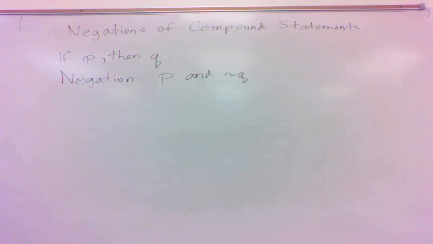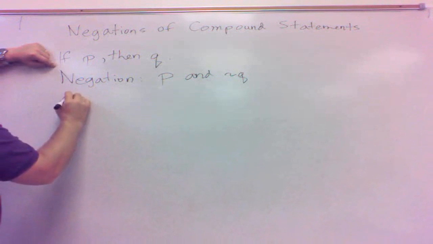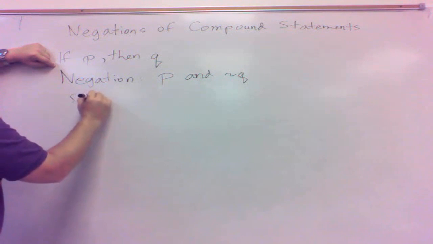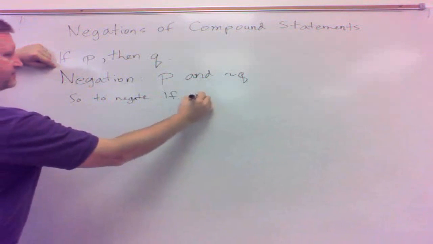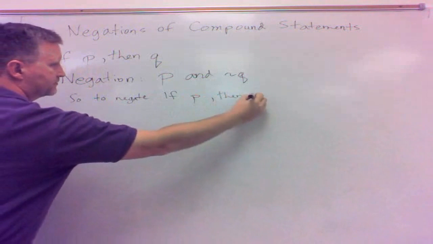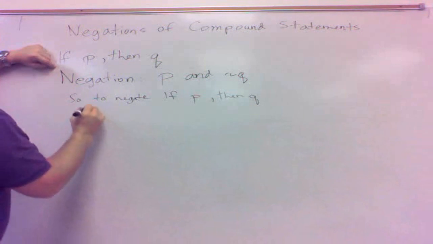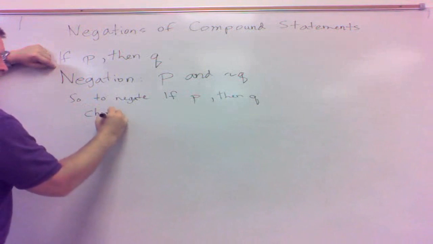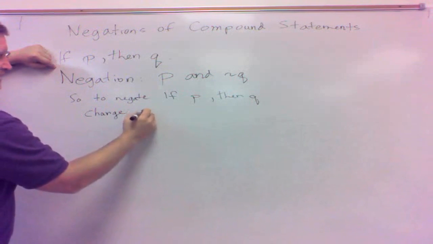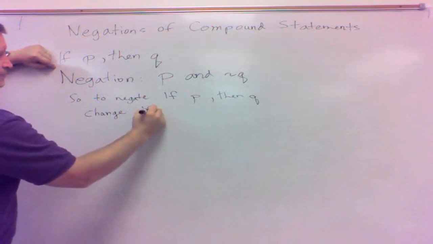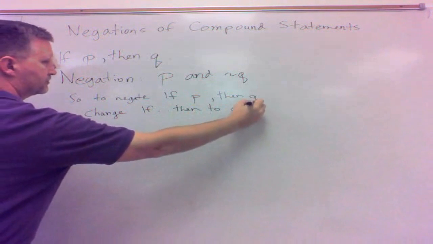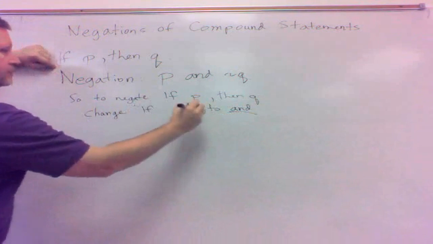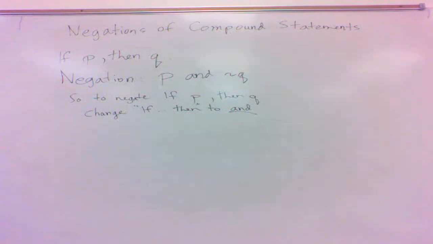Here's the way we might put it. To negate an if-then, if P then Q statement, change the if-then to and. So in other words, we wipe out if and then and change it to an and.